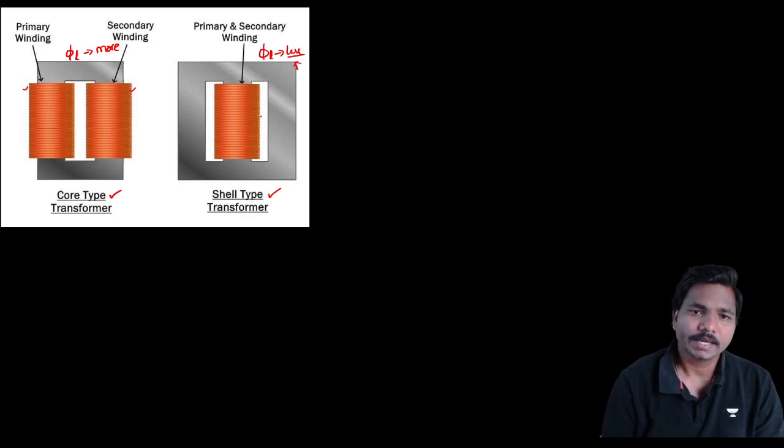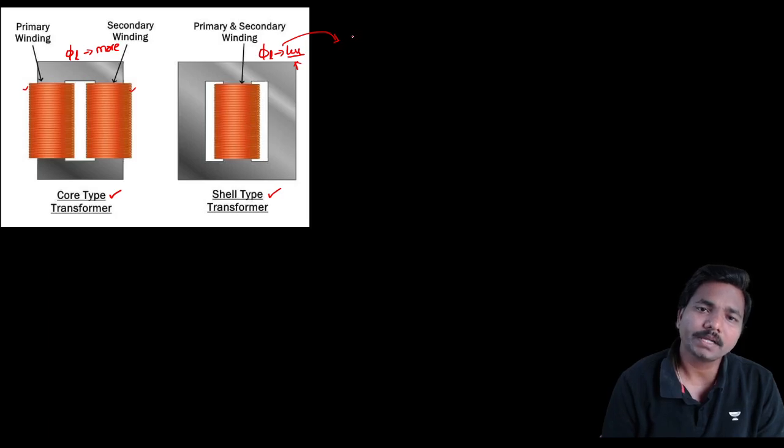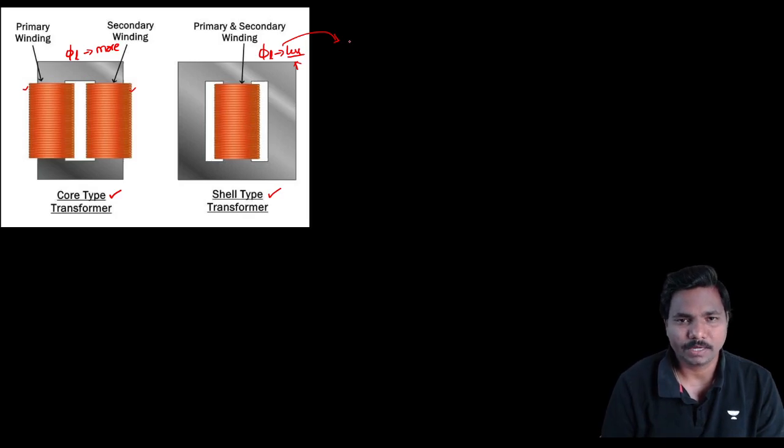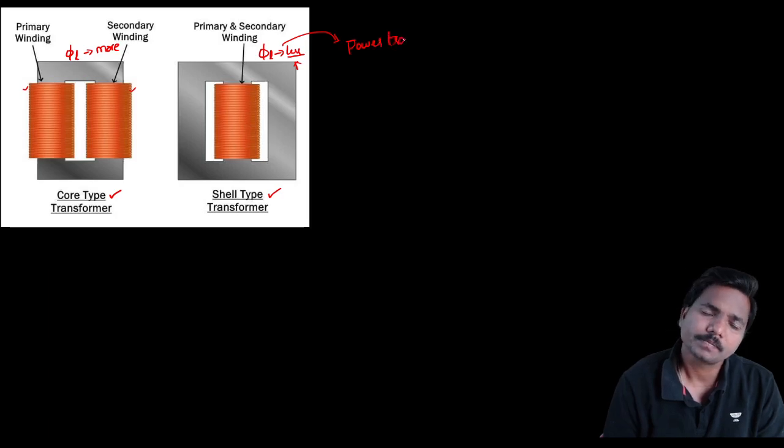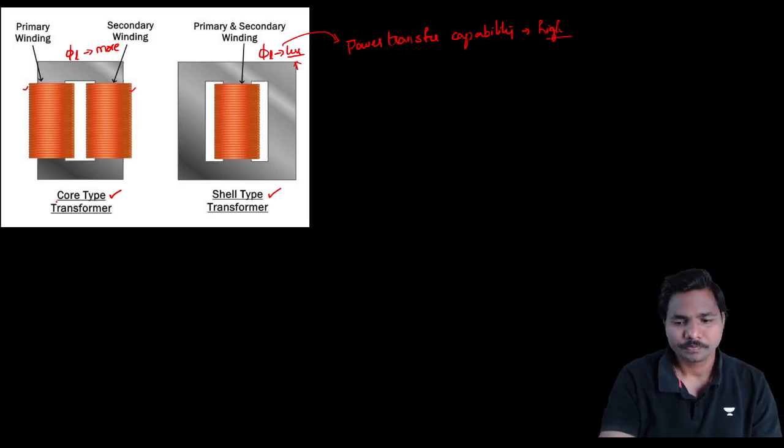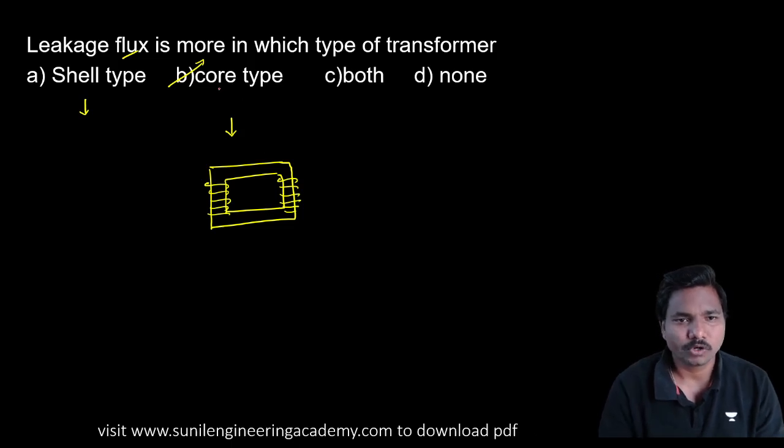Whenever the leakage flux is less, the power transfer capability is high. So power transfer capability is high in the shell type and low here. Leakage flux is more in the core type transformer.